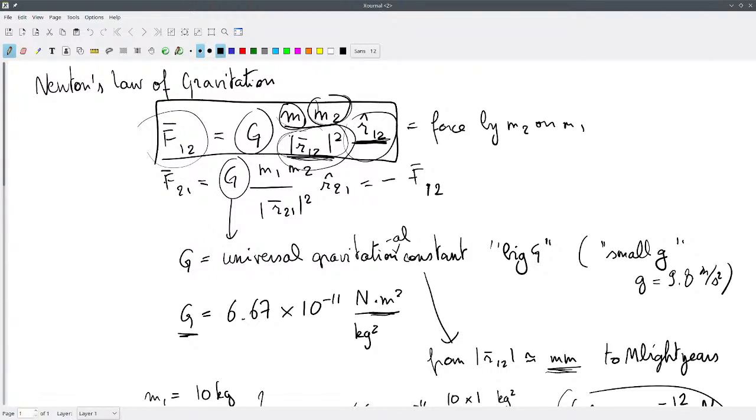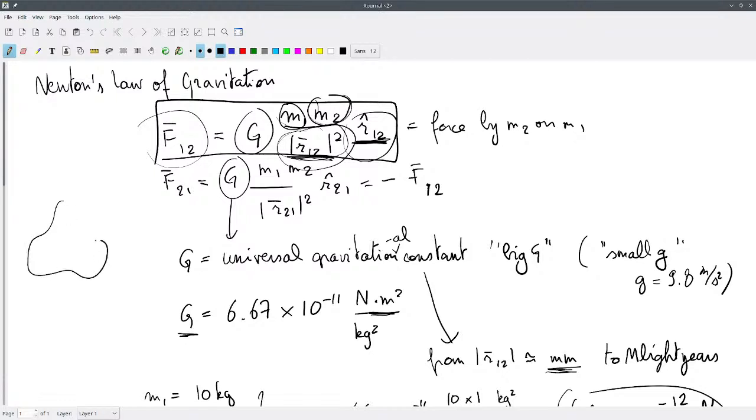So Silas is asking, can lab setups be used to observe the true center of mass of odd shapes? Yeah, so this is not necessarily related to Newton's law of gravitation, but one thing you can do to calculate the center of mass is you can use the static equilibrium.